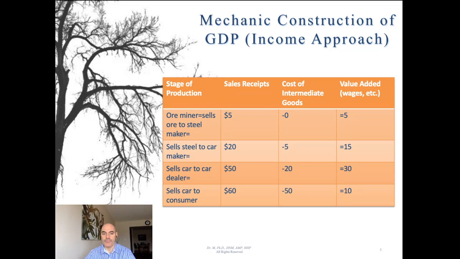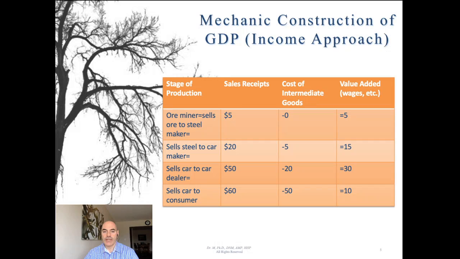So let's think about an ore miner who discovers the natural resource, extracts it from the ground, and sells it to the steel maker for $5. Just hypothetically. We'll keep numbers very simple.